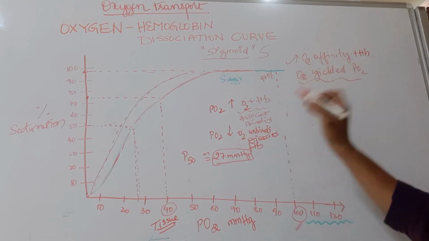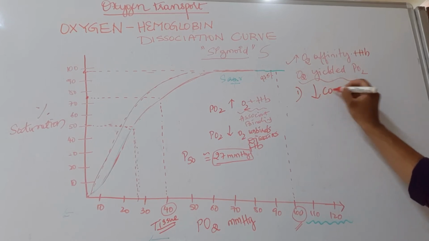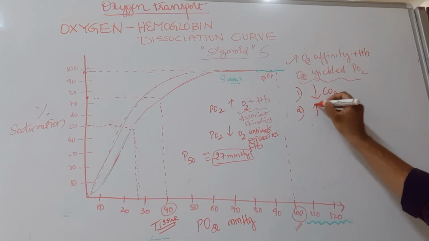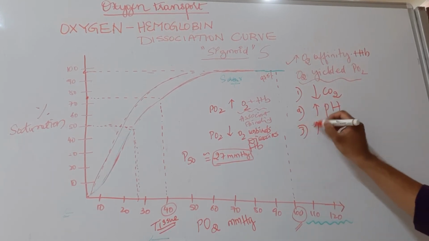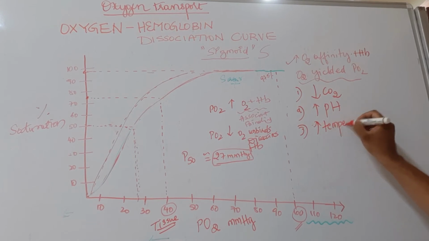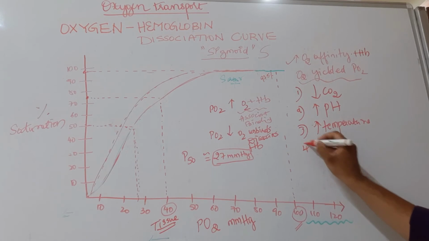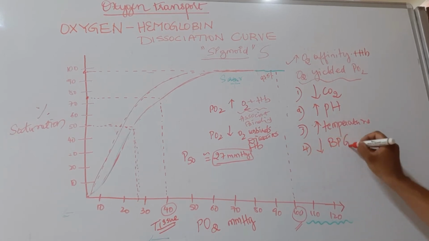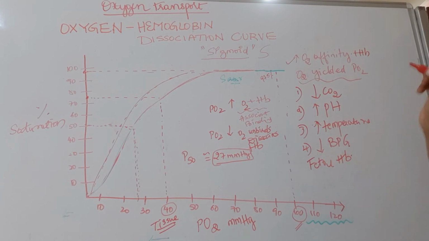So, this shift to left is seen during decreased carbon dioxide tension, or whenever there is increased pH, or increased temperature, or decreased bisphosphoglycerate concentration, or it is also seen in fetal hemoglobin.